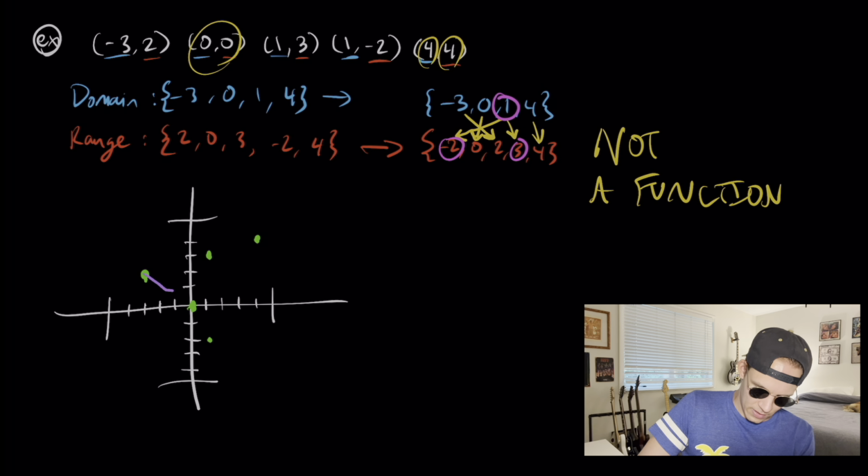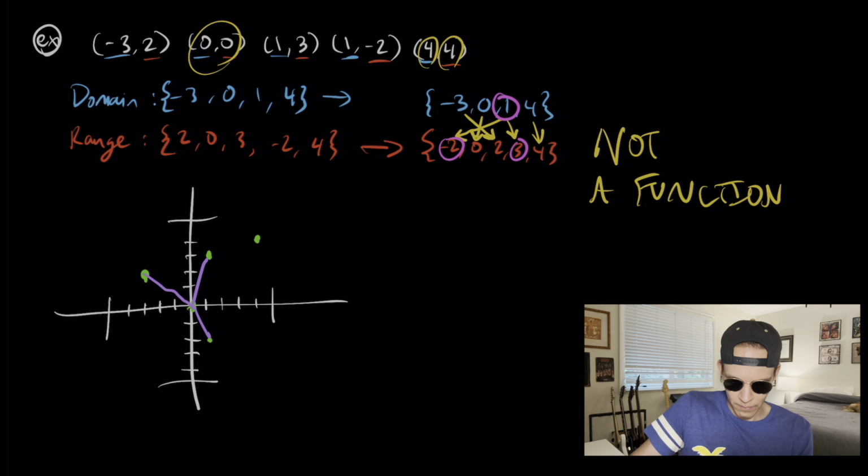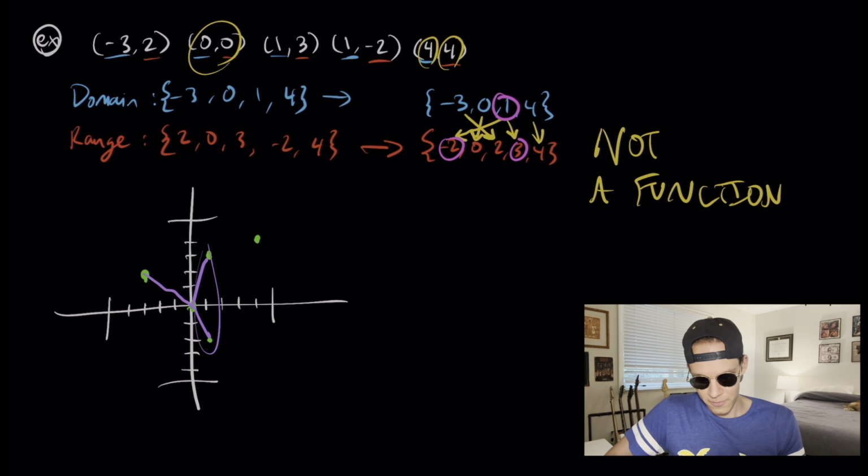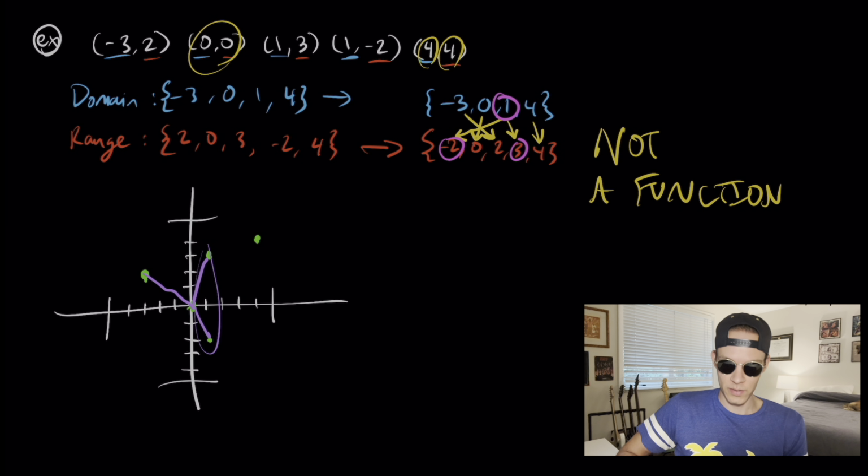So I'll start over here and I'll connect to this dot. Now, do we go here or do we go down here? So this is where the problem arises. There's 2 outputs for the input of x equals 1. So this is not a function, and you can't quite graph it like you would an actual function. So hopefully this makes sense.